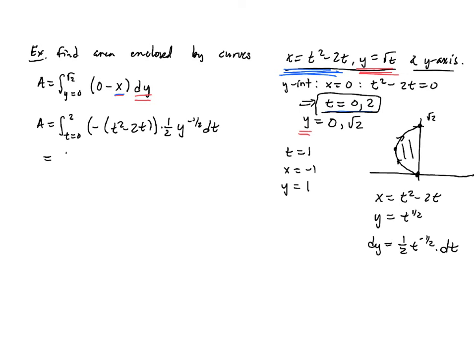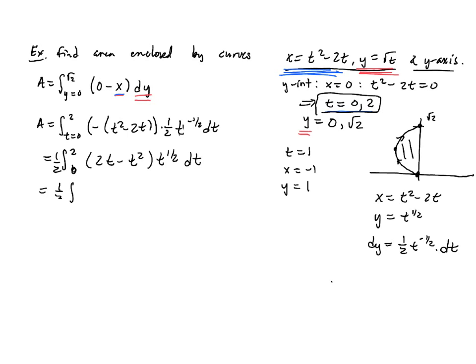And so we get the integral from 0 to 2 now, because those are my t values. Taking the negative of that difference just reverses the order, so we have 2t minus t squared. I'll bring the 1/2 out front, and that should of course be a t to the minus 1/2, not a y to the 1/2. So let's fix that. So t to the minus 1/2 dt.